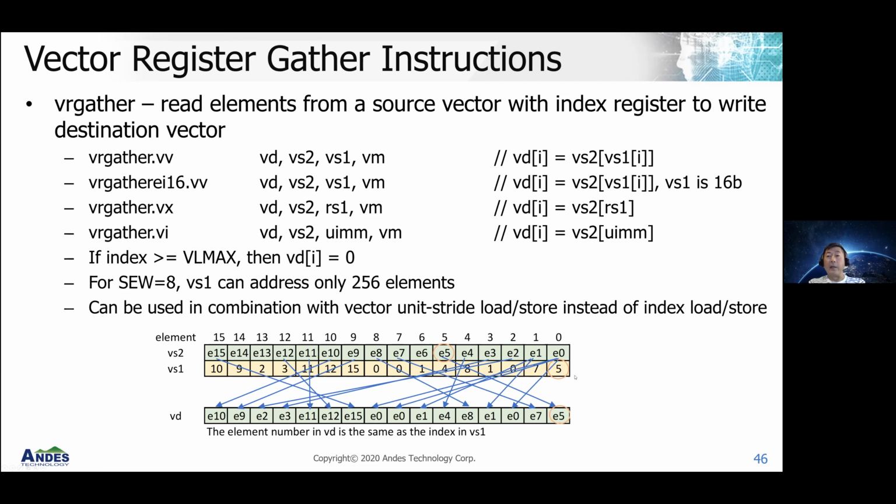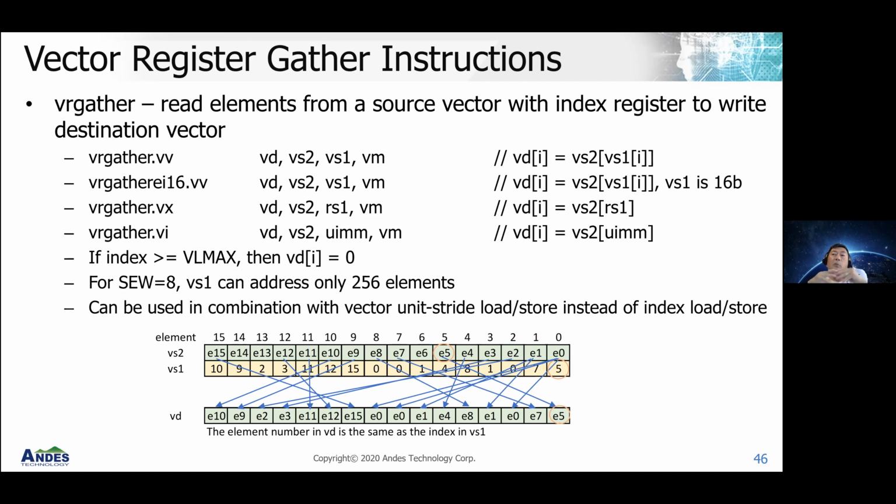So if the first element has the index of 5, it means that you need to get the data from the data element 5 from VS2 and put it into the destination register, right? And the next one would be 7, then you have to put E7 in here. So you look at the index here in VS1, and you look at the data elements that you have in VD, all the E10 to E5, they are basically the same as the VS1. So you have to randomly select it.